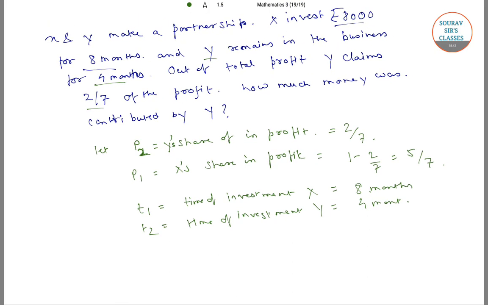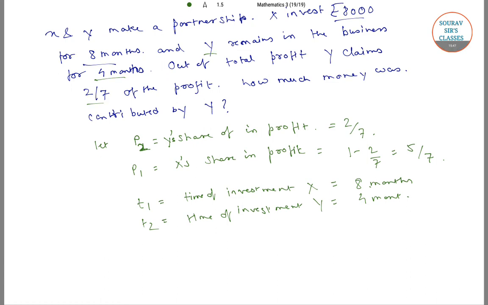Now, the ratio of their investment is equal to P1 by T1 is to P2 by T2.